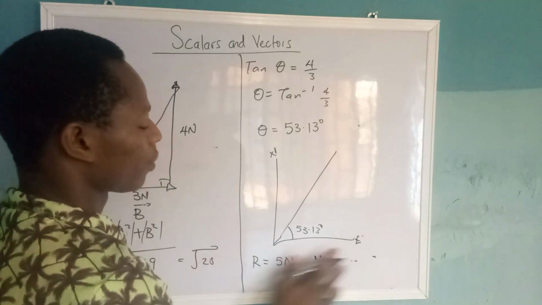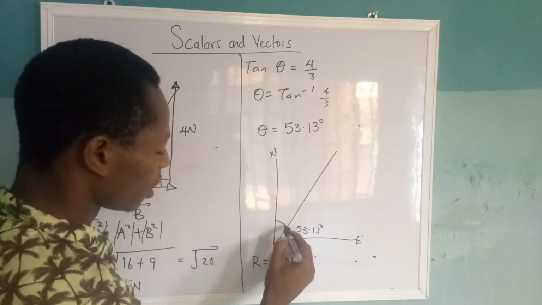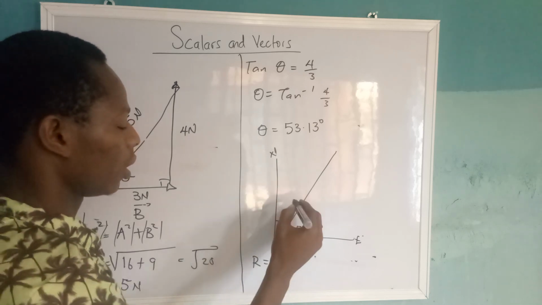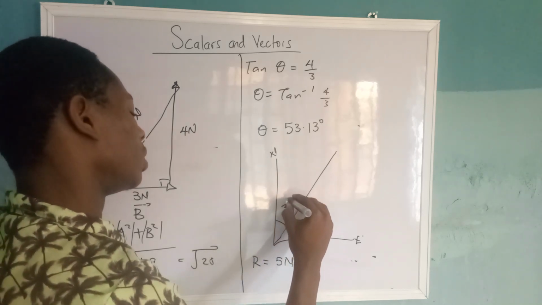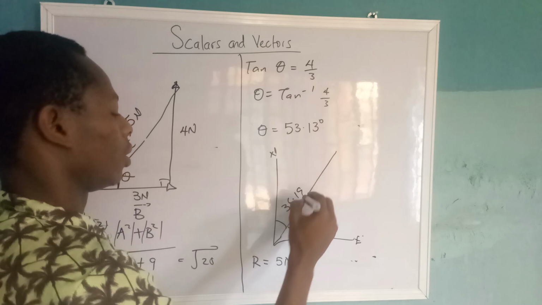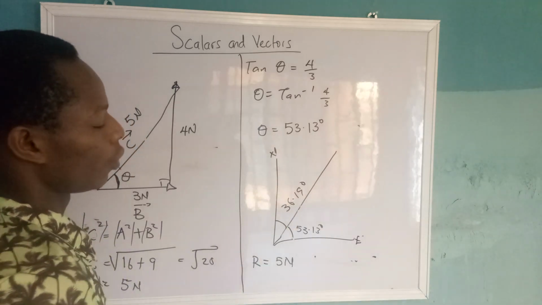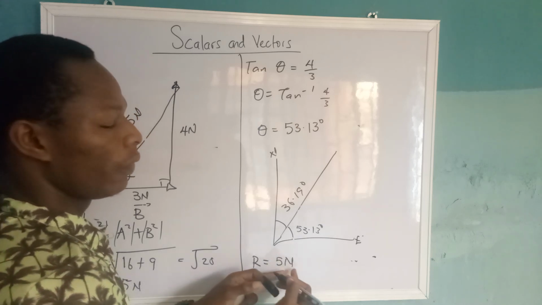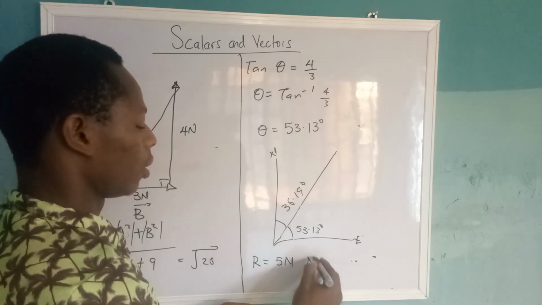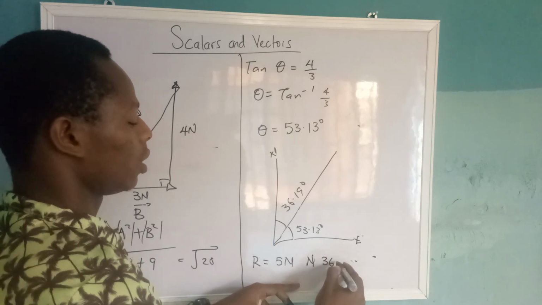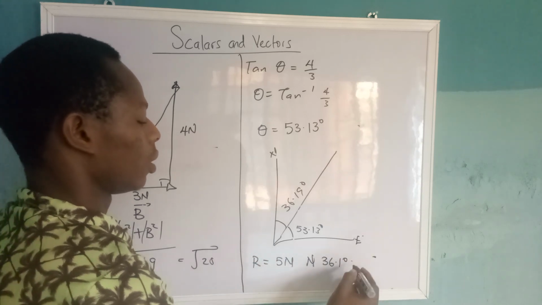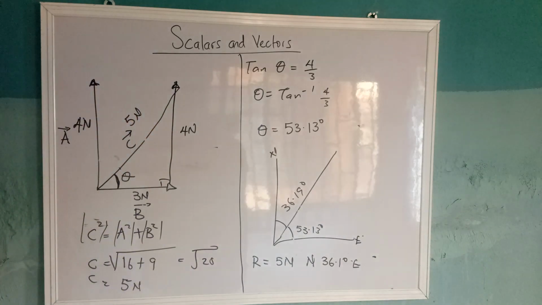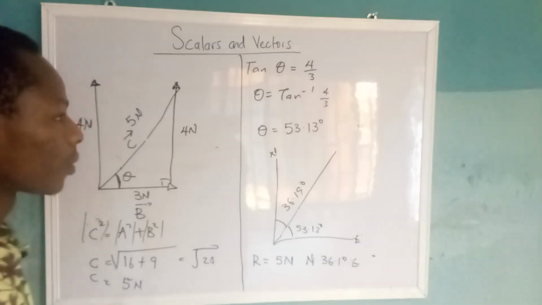So what you do, since this is 90 degrees, you subtract 90 minus 53.13, and you should get about 36.9 thereabout. So your resultant will be 5 Newton north 36.9 degrees east. So this will be the magnitude and direction of your resultant.